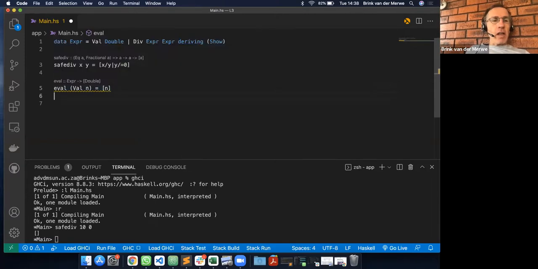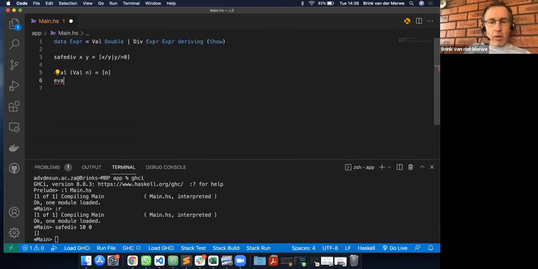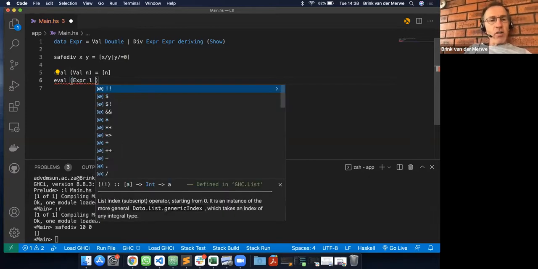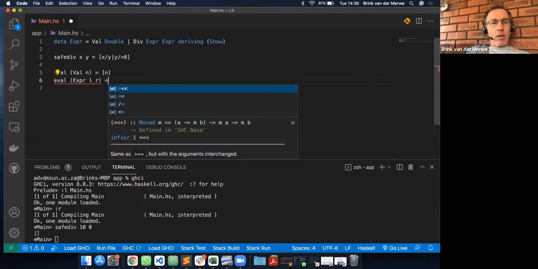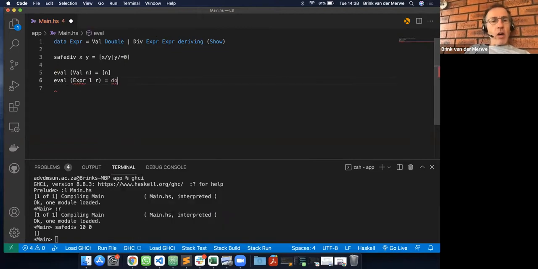Now let's look at the second situation. We have an expression with a left side and a right side. So it's precisely division, expression, expression. Let's see how we do this. Obviously that's not expression there. That should be diff.